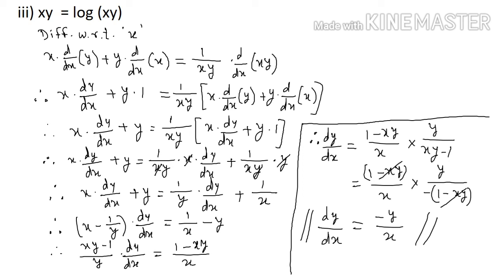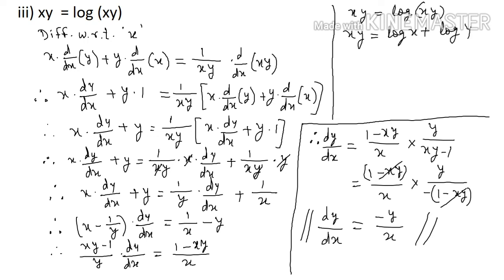Understood? Now I told you that this sum can be done by another method also. See, what I was saying is, actually only the beginning is different, the rest is the same. See, the question was xy is equal to log xy. Correct? This was your question. Log of xy. Now log of xy can be written as log x plus log y.